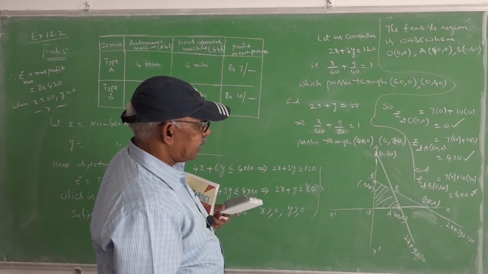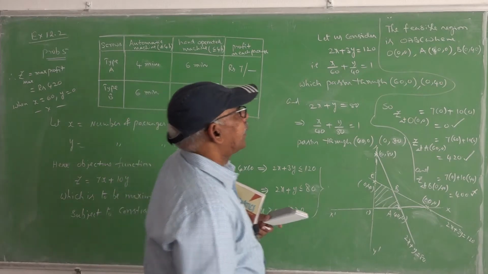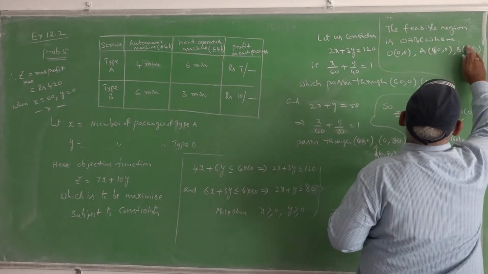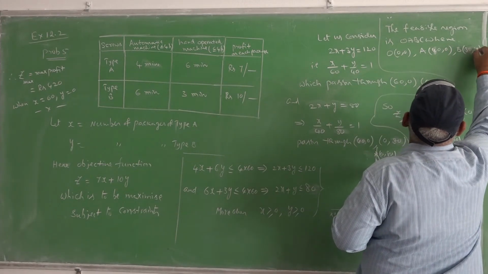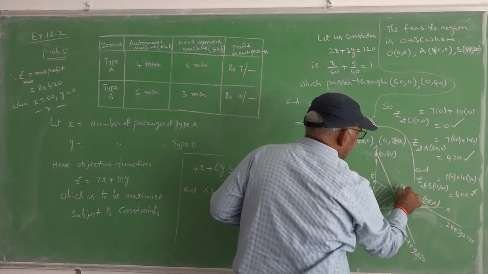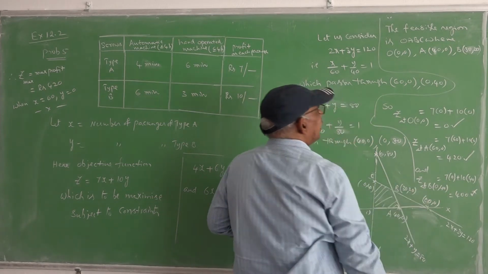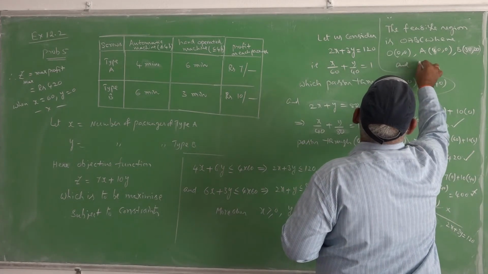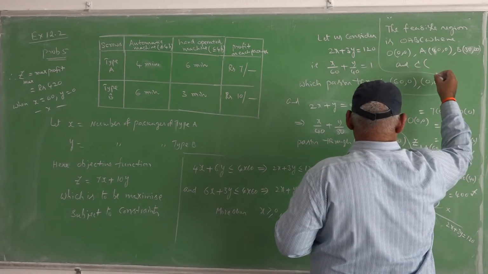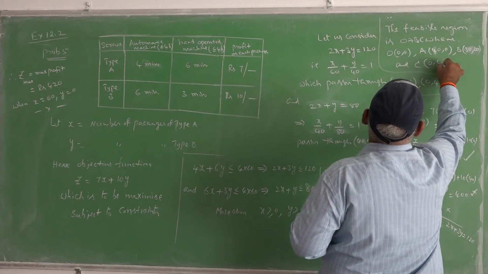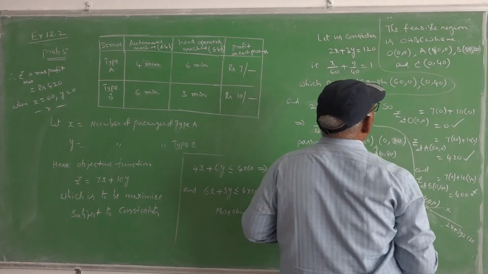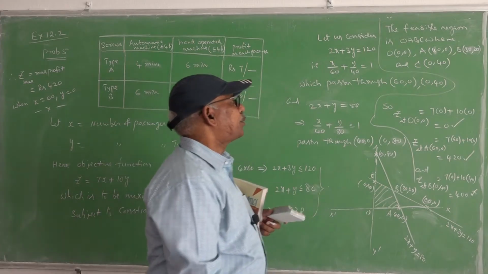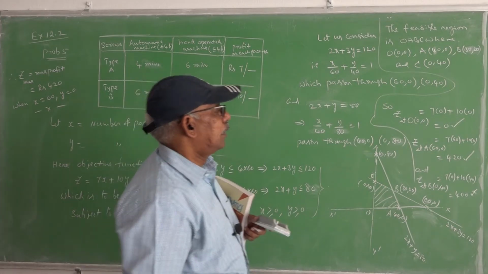Y is 20 means x is 30. So the intersection point of these two lines, B, is 30 comma 20, and C is here, 0 comma 40.